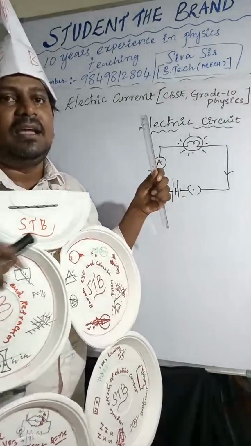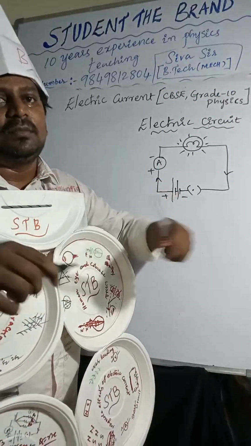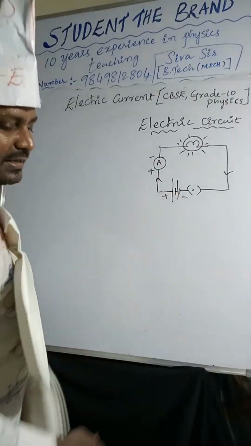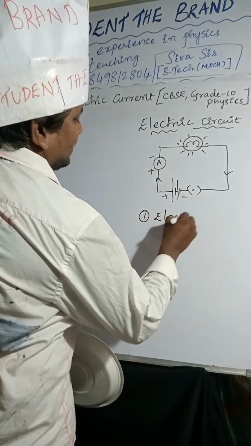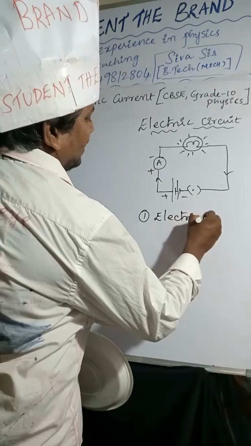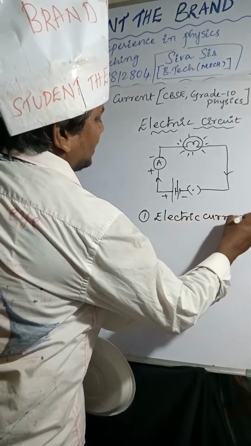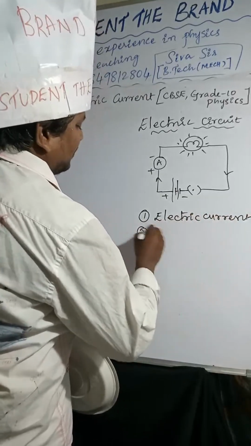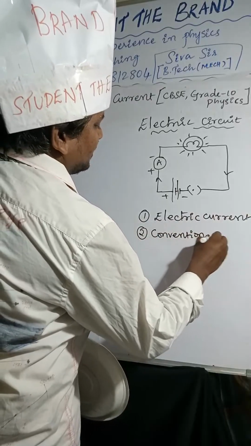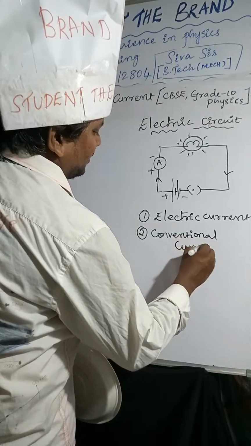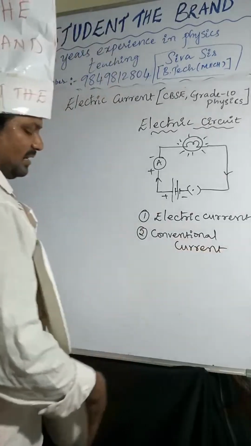Here we can say normally there are two types of currents. First one is electric current, and second one is conventional current. So what is the difference between conventional current and electric current?